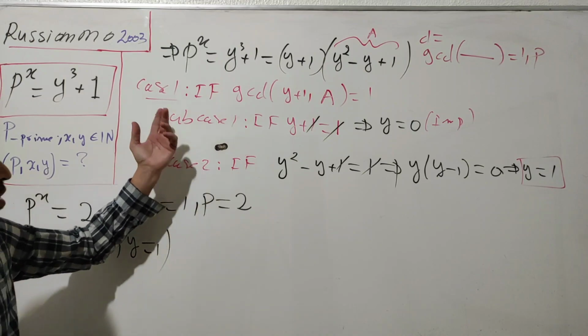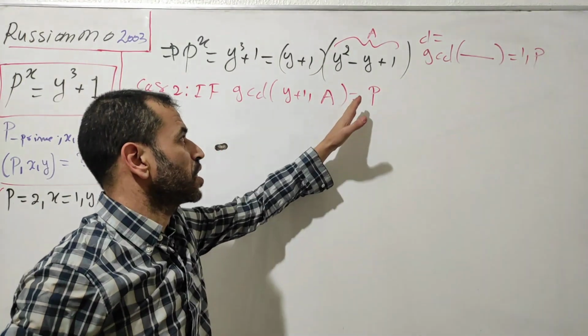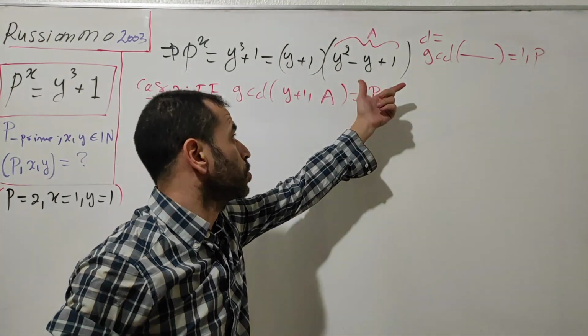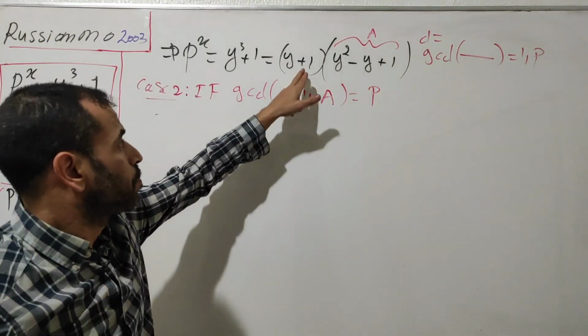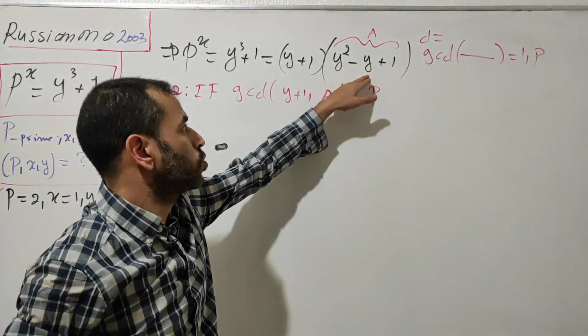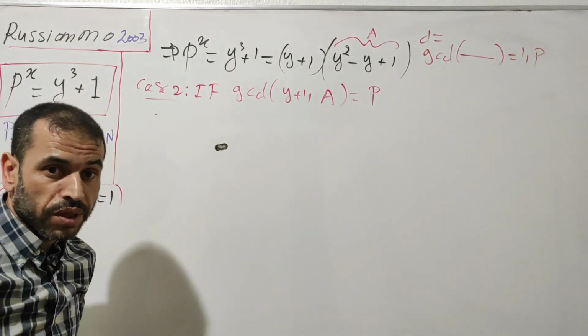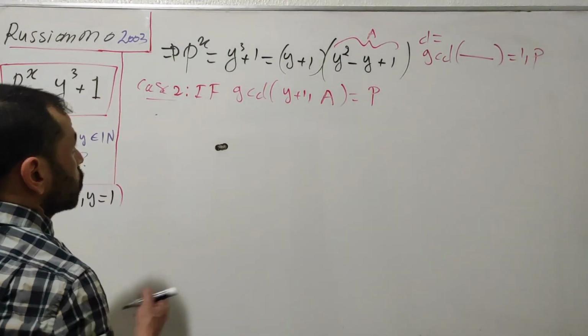Now let's move on to the second case, when the GCD equals p. In this case the greatest common divisor is p for both terms, which means p divides y plus 1, and p also divides this term, because they share p as a common divisor. Now let's go through this one.